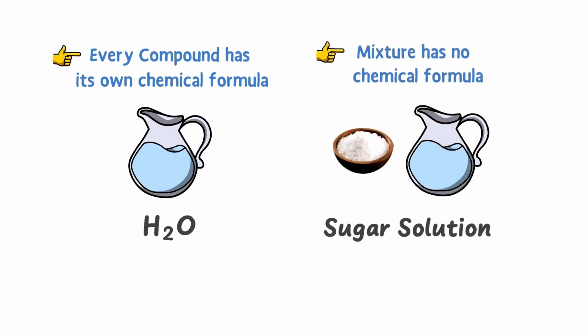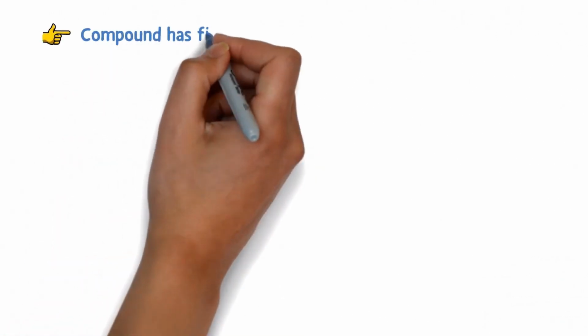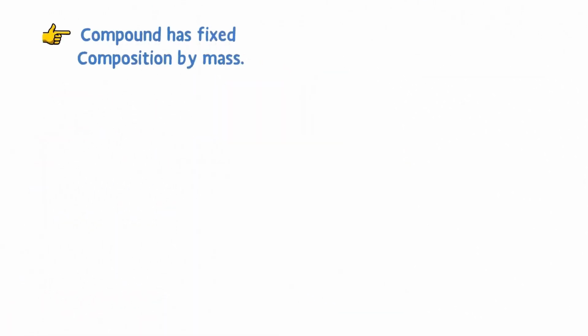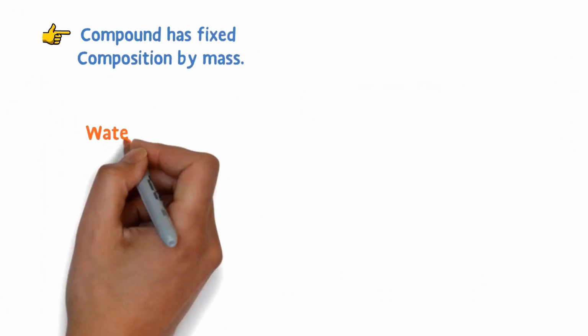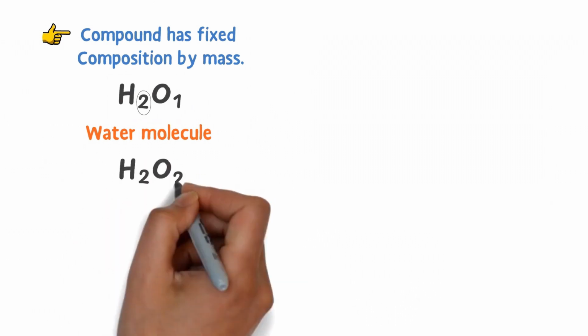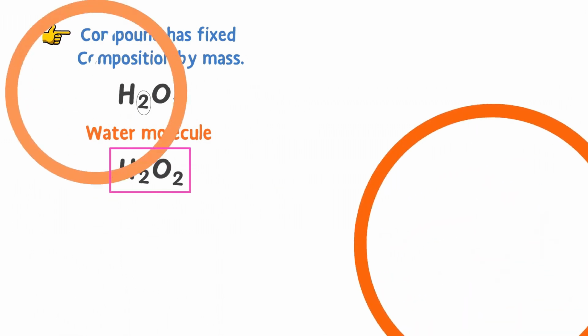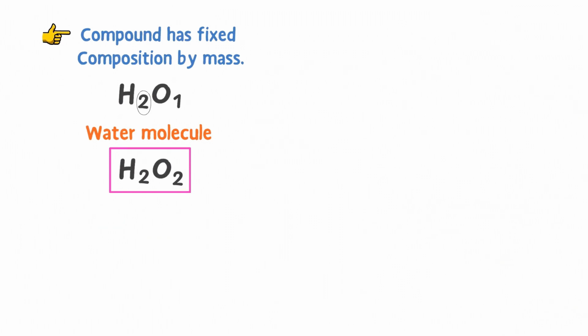A sugar solution does not have any formula. A compound has fixed composition by mass. For example, a water molecule has 2 atoms of hydrogen and 1 atom of oxygen. If you try to add more oxygen, you get something else, which is hydrogen peroxide.